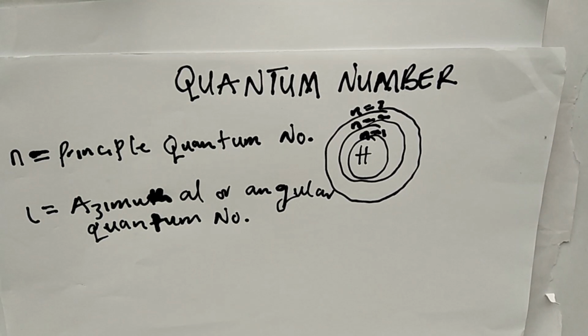The azimuthal or angular quantum number is associated with sub-levels. Now, we have ML.